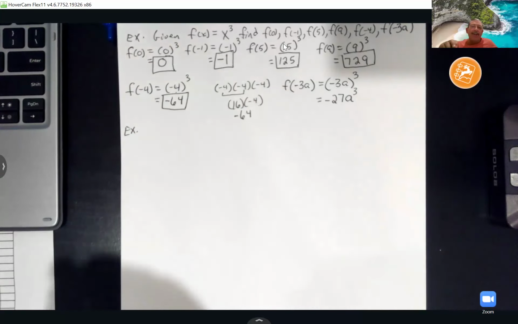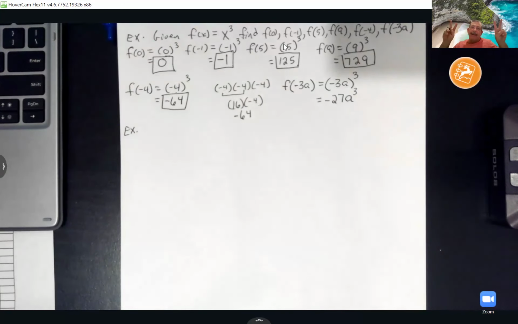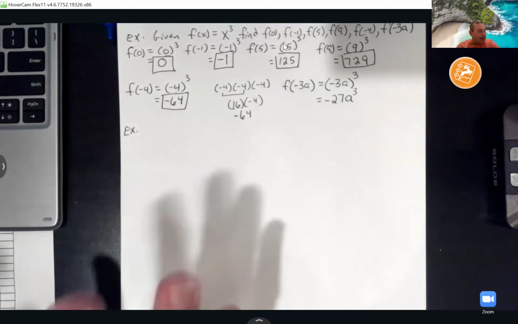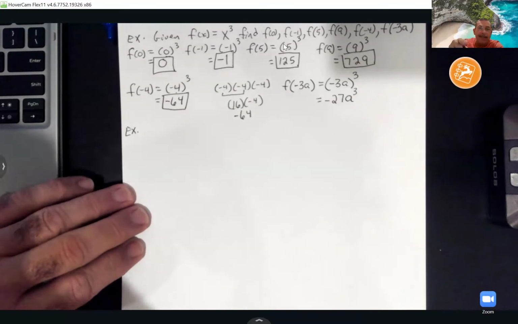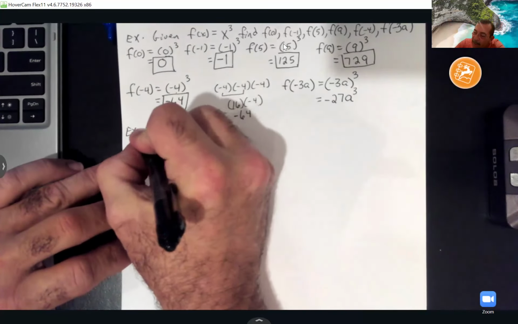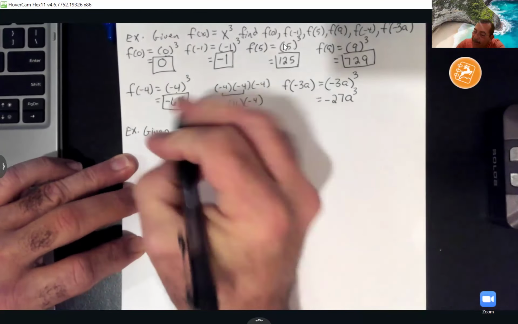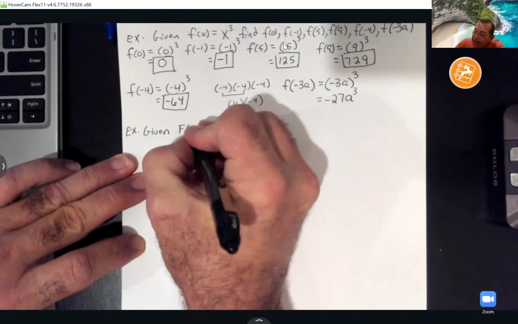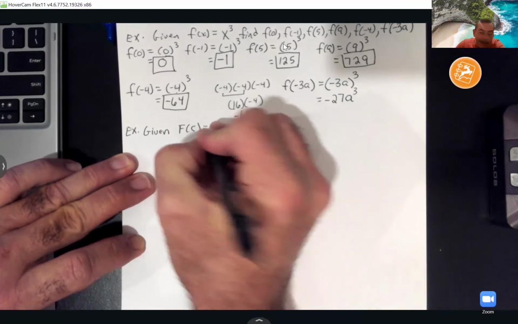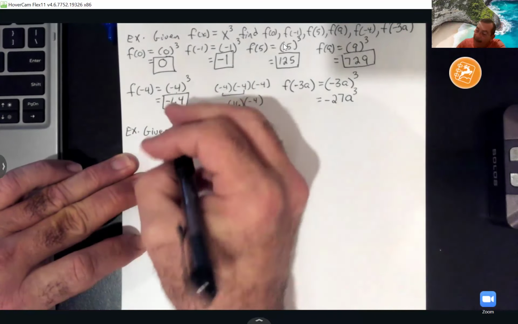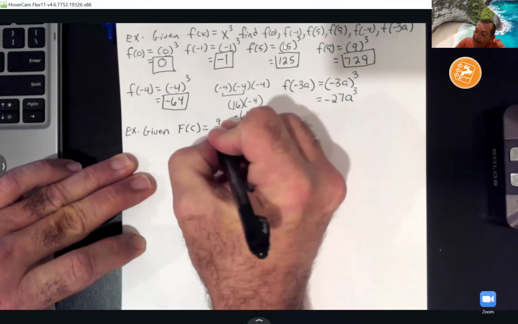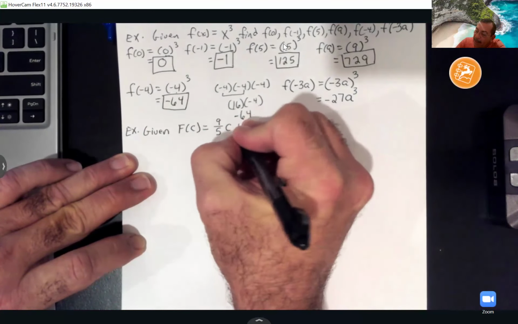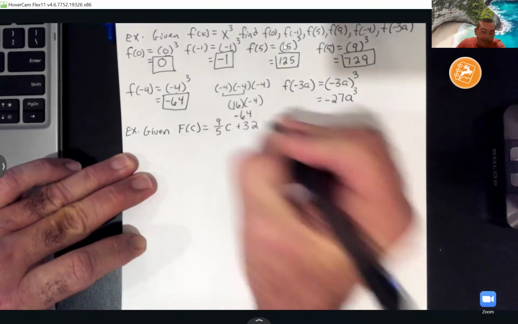All right, so let me show you an actual application of doing this stuff. And let me see if y'all know what this formula is for. So given f of c equals 9/5 c plus 32.